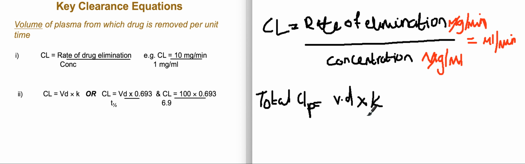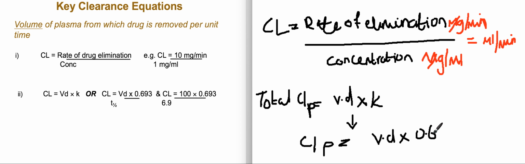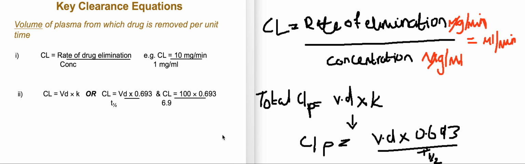This can be simplified into CL equals VD times K, where K is 0.693 divided by the half-life. That's another way of writing the equation.